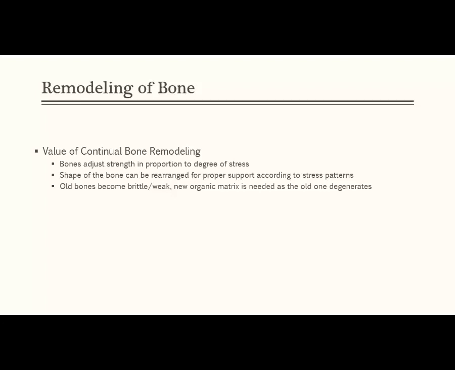The leg that is being used more is going to have to remodel because of the different patterns of stress being applied to it as the person limps. Old bones become brittle and weak and need new organic matrix to replace degenerated matrix.